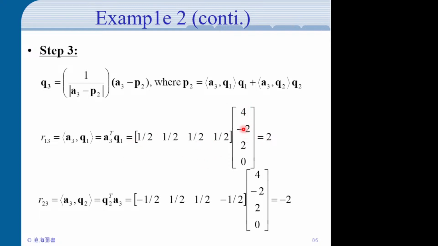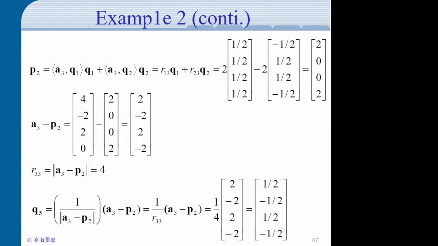It's 4, so minus 2 cancels with plus 2, so 4 divided by 2 is 2. And the inner product with Q2 is this thing. It's a lot of terms: minus 2 and minus 1, then plus 1. So that's minus 2. Okay, so we have those two coefficients.